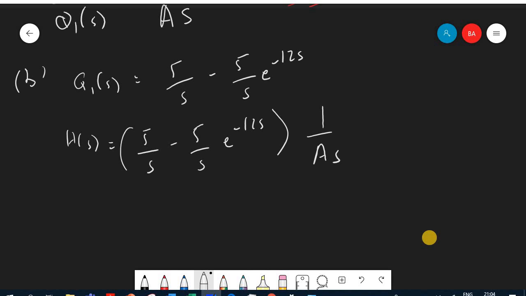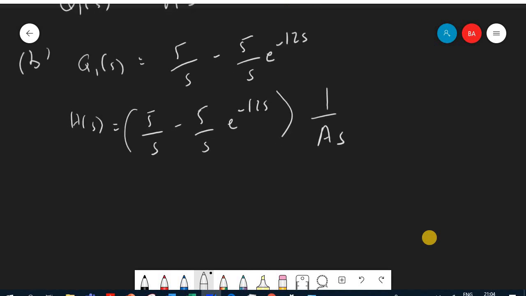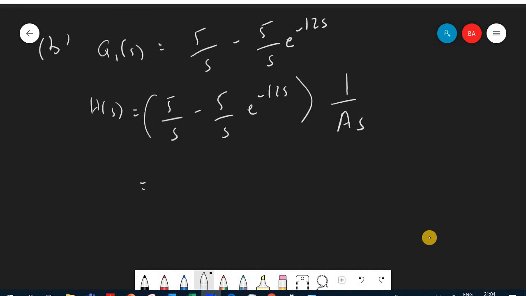Okay, now after doing this multiplication, it doesn't look straightforward, but we need to just multiply.